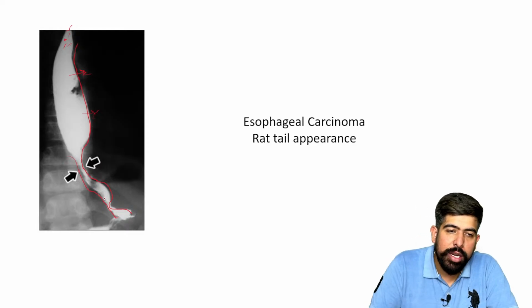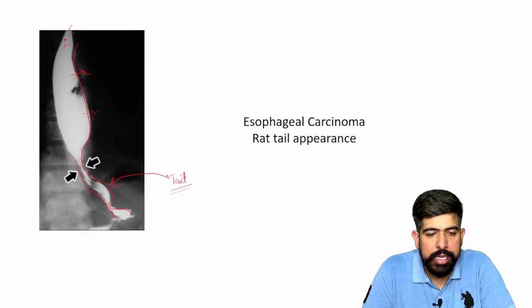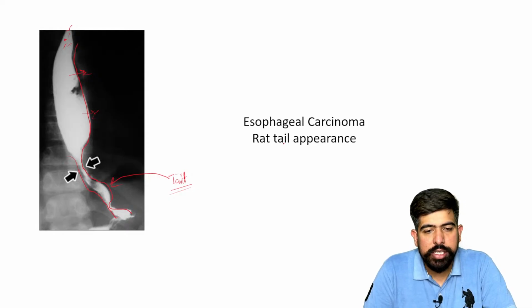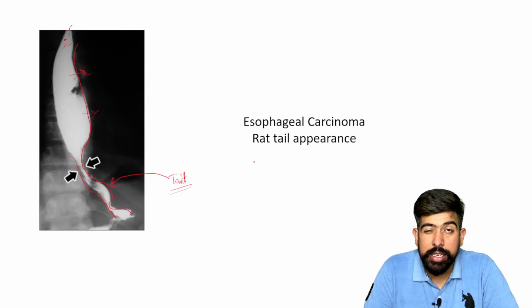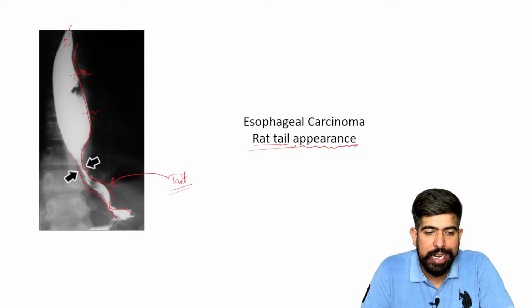And particularly over here, this is the tail of the rat. Okay, this is a tail, right? So this particular barium swallow image shows the sign known as the rat tail appearance.